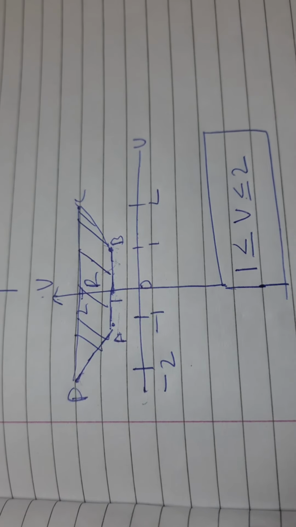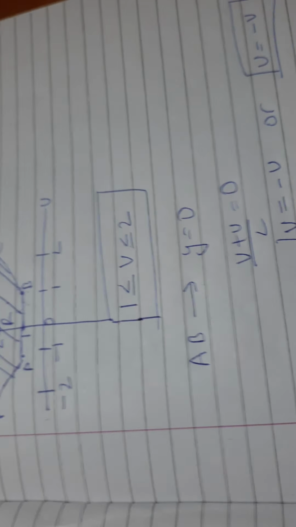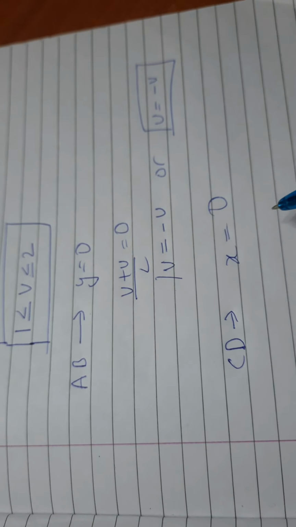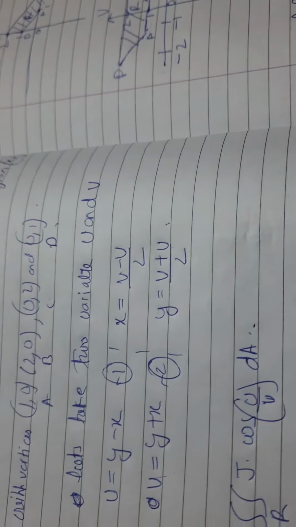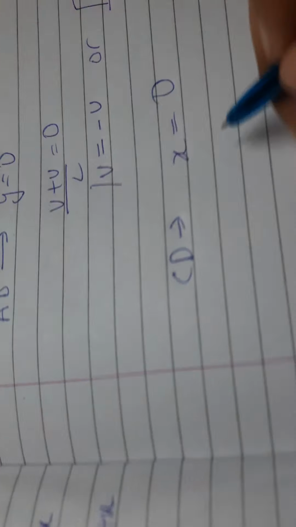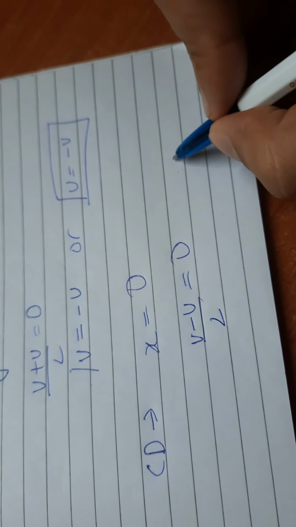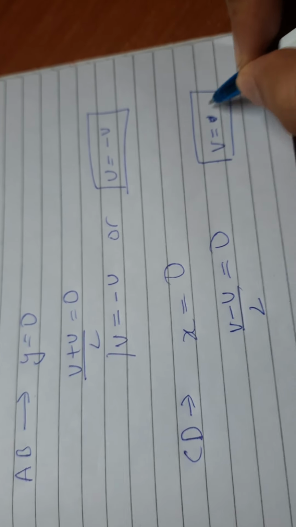Similarly, for CD, x equal to 0 from the graph. By substituting the value, we get v equal to u.